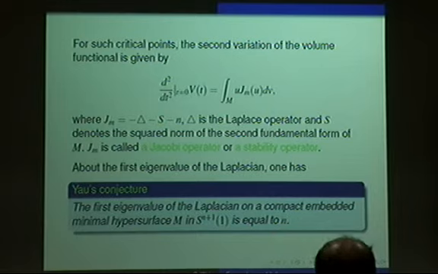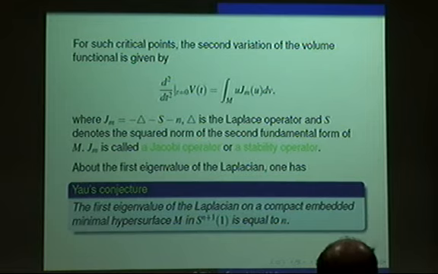For this conjecture, Korean geometers made an important development. They proved that it is not less than n over 2. So this is about the first eigenvalue of the Laplacian.